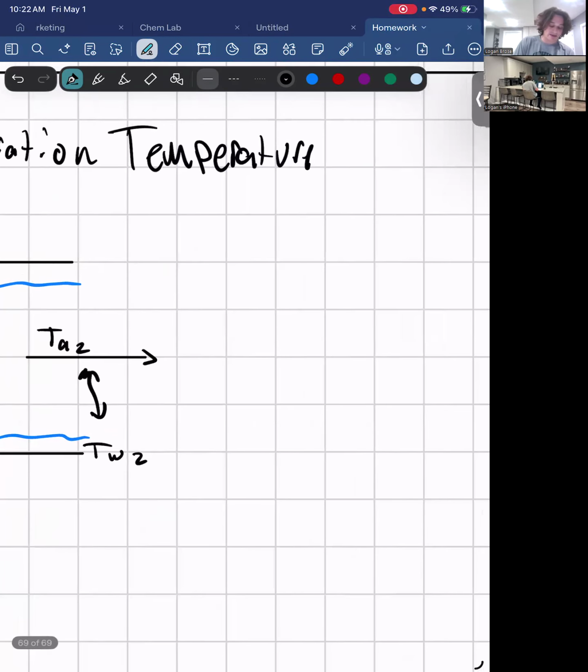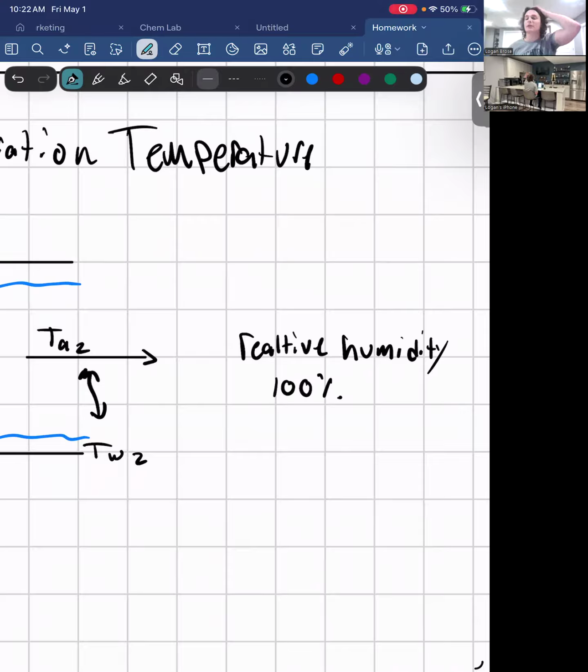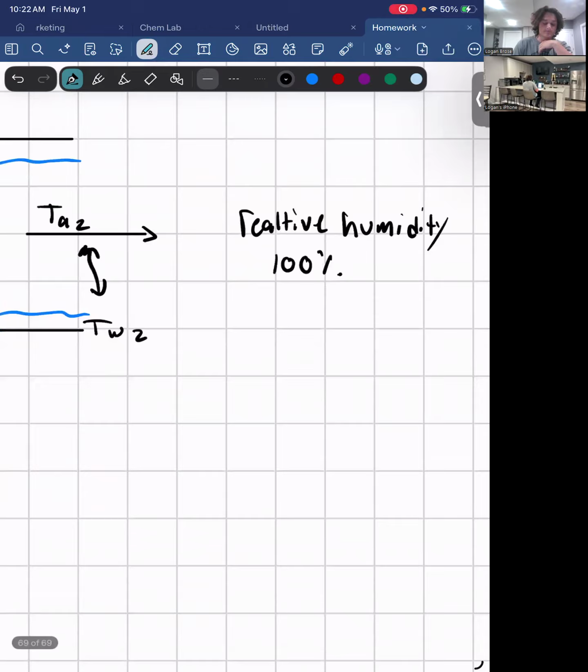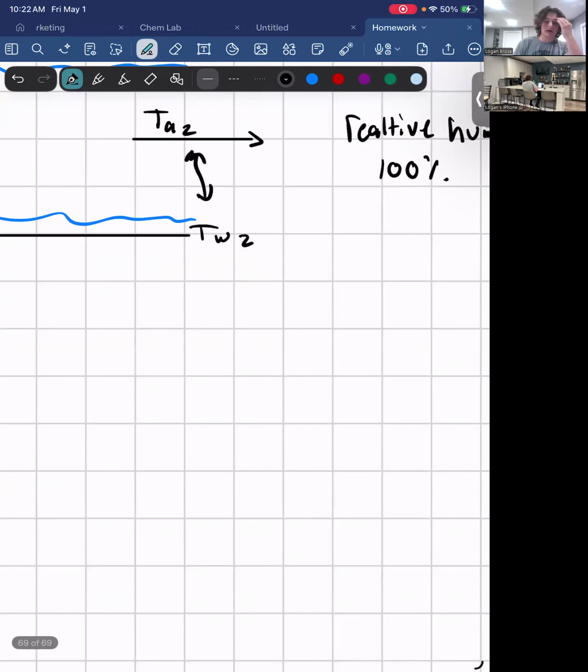So we know that our saturation is going to be 100%, so our relative humidity is 100%. If we do the same thing that we did for evaporative cooling, we look at the heat and mass transfer.